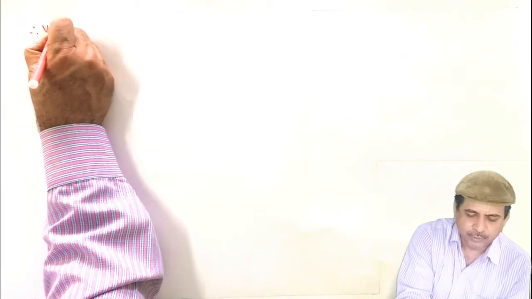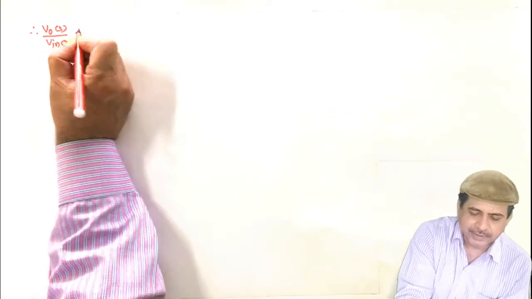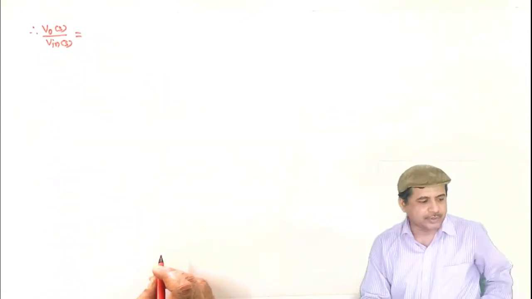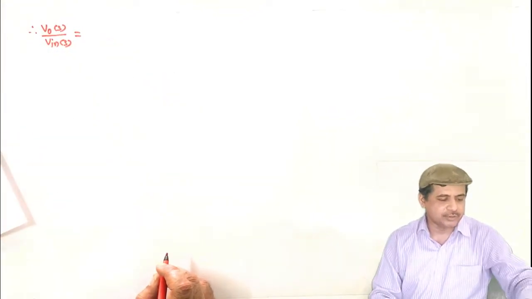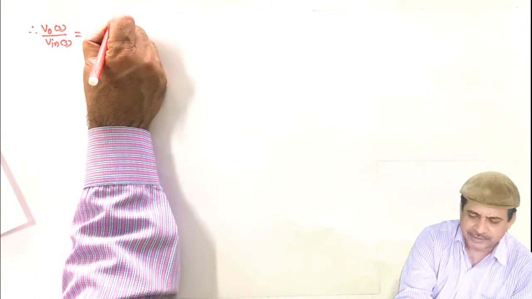So V output of s by V input of s will be equal to 1 by C2s, 1 by C1s. So this C1 will go in the numerator, but let us keep it as it is for a while.